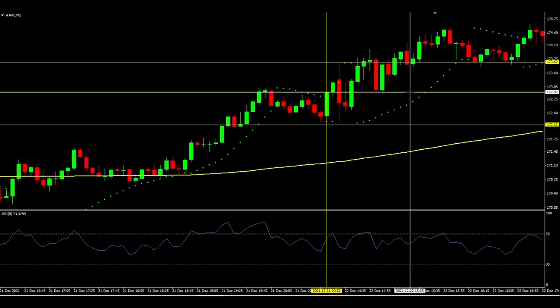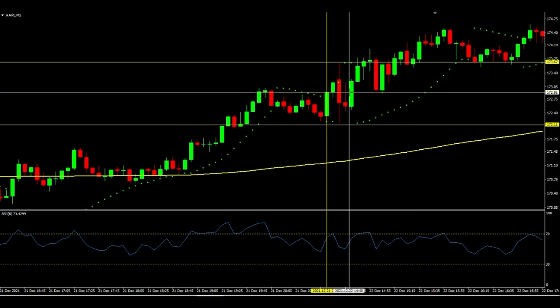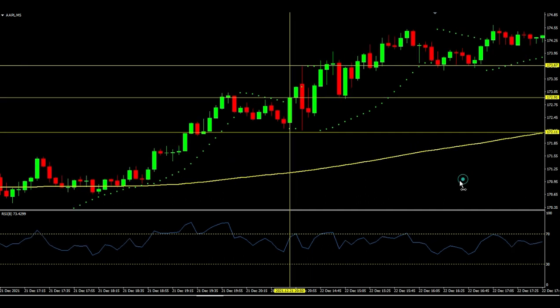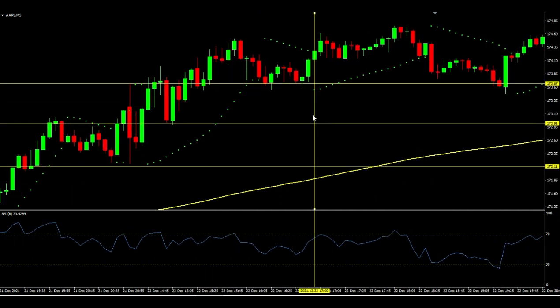Our stop loss was about 80 points, so you could have taken 80 points profit here also. Here you will get 80 points somewhere on this candle.